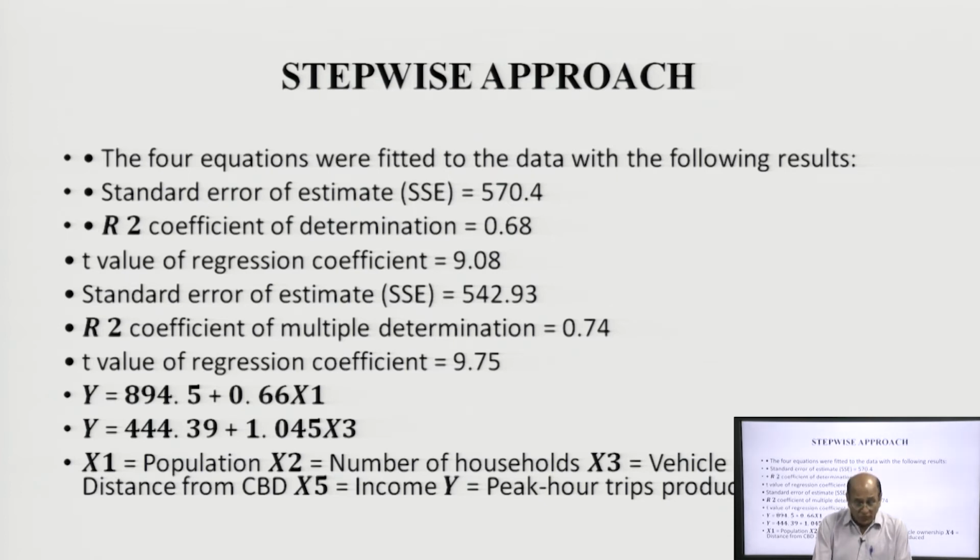So, y is equal to 894.5 plus 0.66 x1, y is equal to 444.39 plus 1.045 x3. Here x1 is the population, x2 number of households, x3 vehicle ownership, x4 distance from central business district, x5 income, y peak hour trip produced.